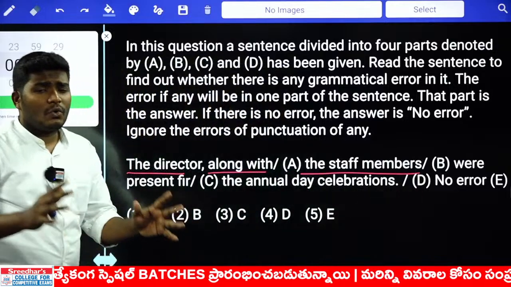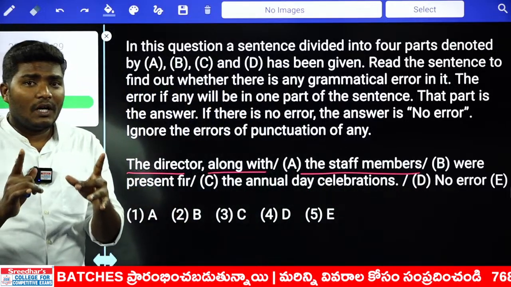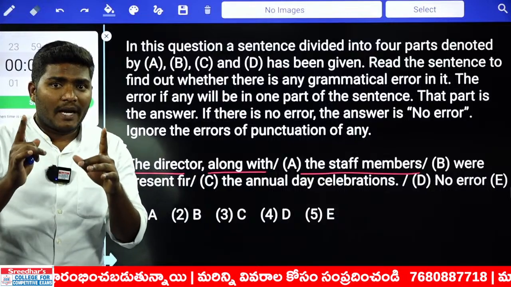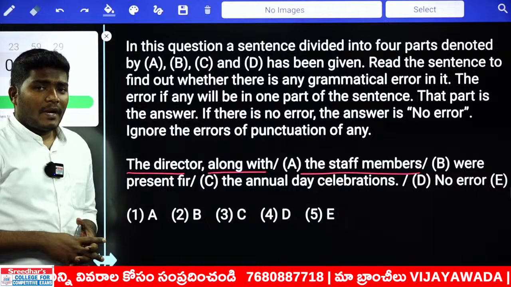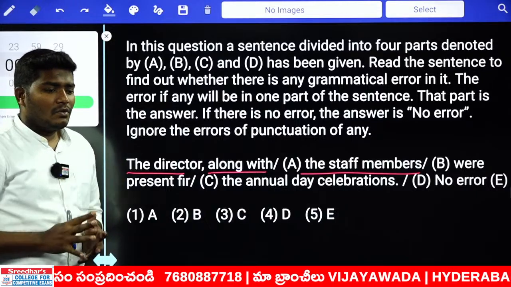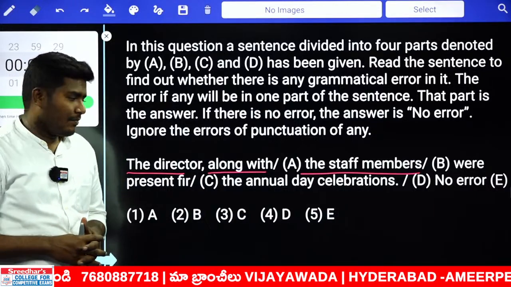Very important rule. I repeatedly gave this rule two or three times in the quick practice sessions for clerk prelims, SBI. You remember, we saw this rule repeatedly.